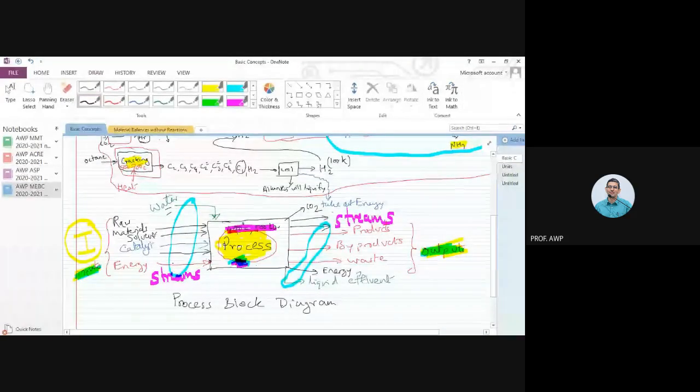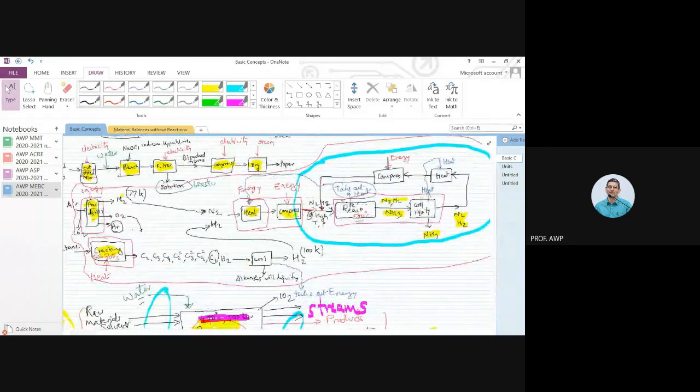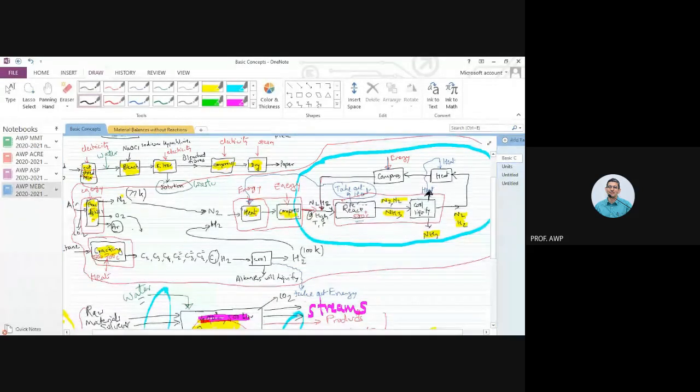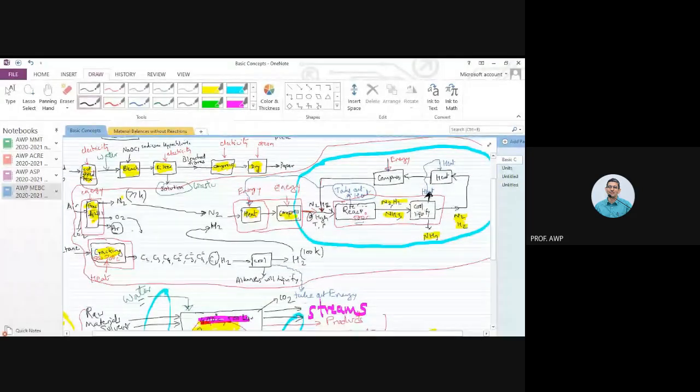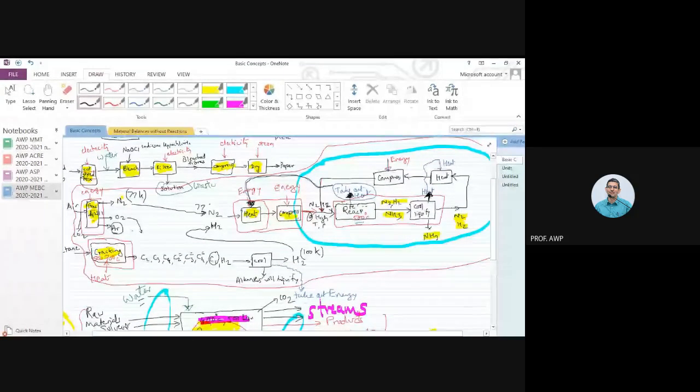Now, somebody was telling me, I forgot who, Dharmik. What Dharmik was telling me is that we will use the heat that we have removed in cooling, or the heat that we have removed in the reactor for the exothermic reaction, as a source of heat for heating the nitrogen from 77 Kelvin to high temperature.